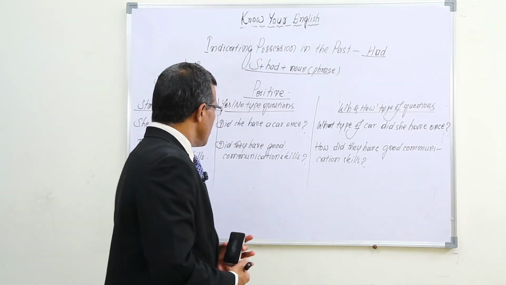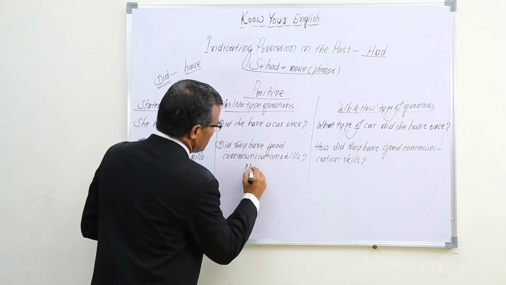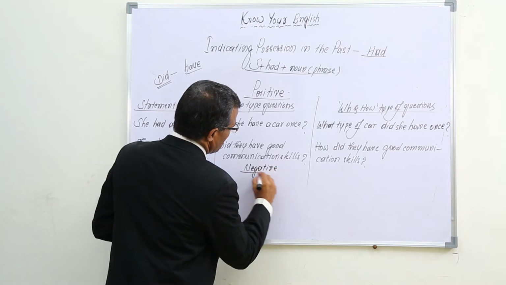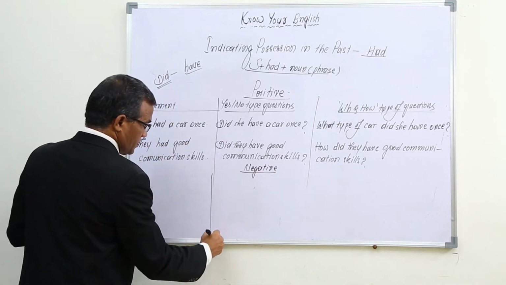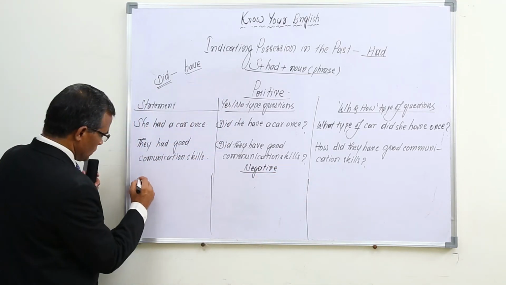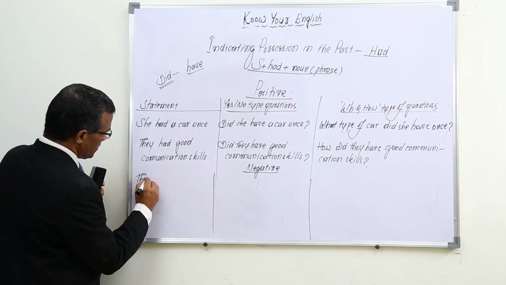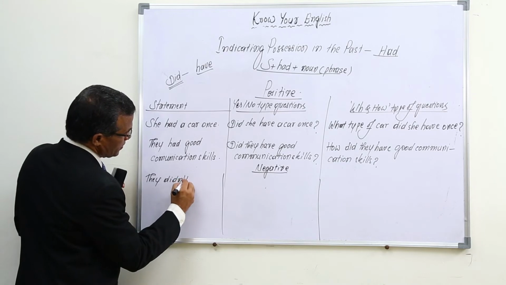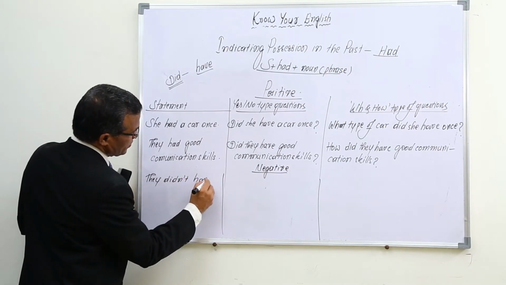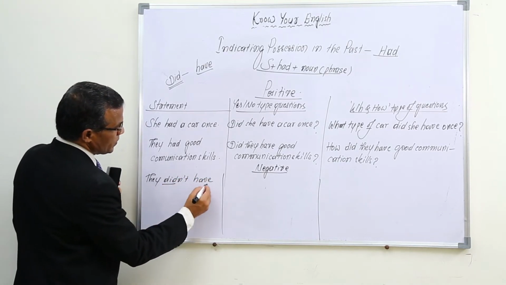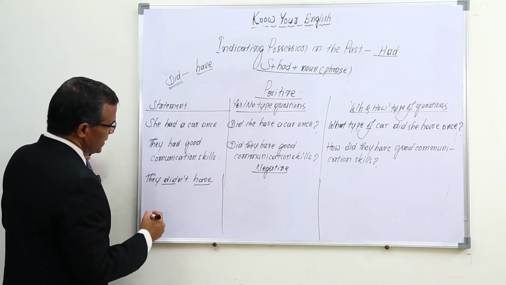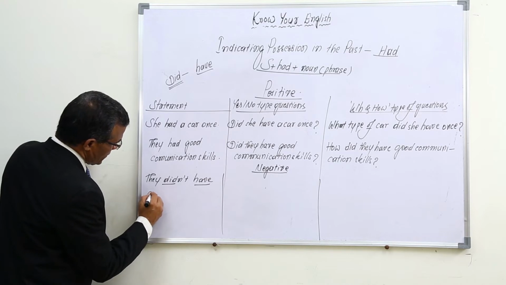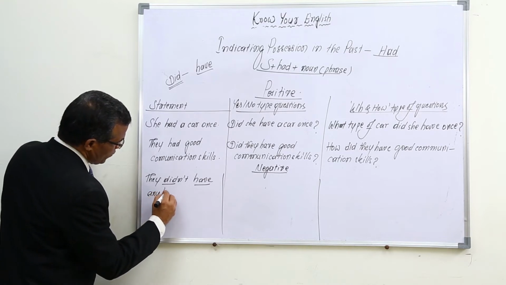And negative also, let us go for negative. They didn't have any knowledge. Again did is the helping verb and we take have. They didn't have any knowledge.